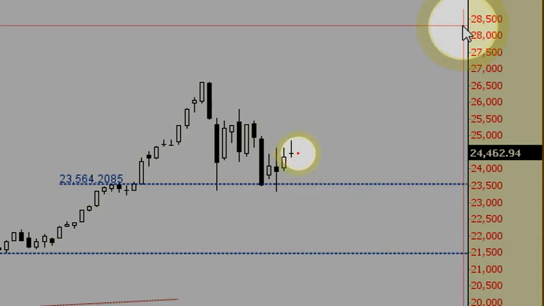But as this starts to do stuff like this, maybe gap like this, first of all, you start saying, well, I saw that topping tail. I should have sold right there. What was I thinking? So you're beating yourself up, which is not very proactive.